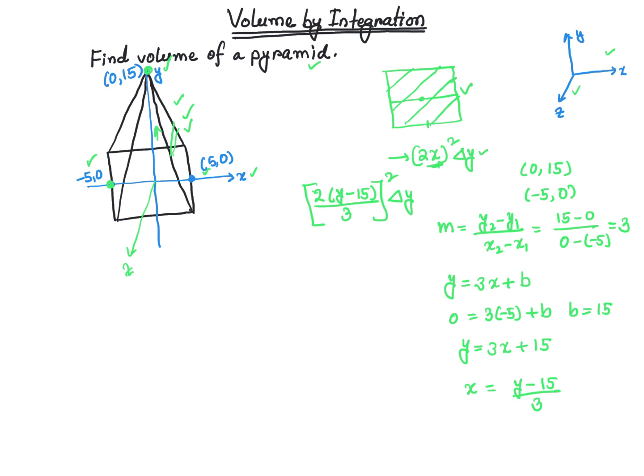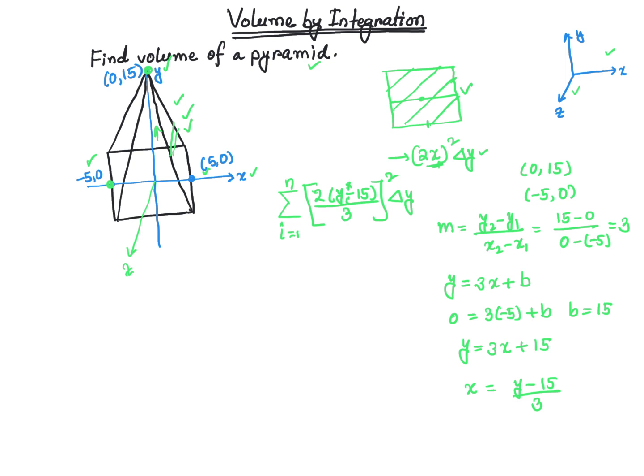Now, in order to approximate the volume of the pyramid, we need to sum it up, right? So we need to sum it up from i equals 1 to n. Technically, this is my y sub i star, right?